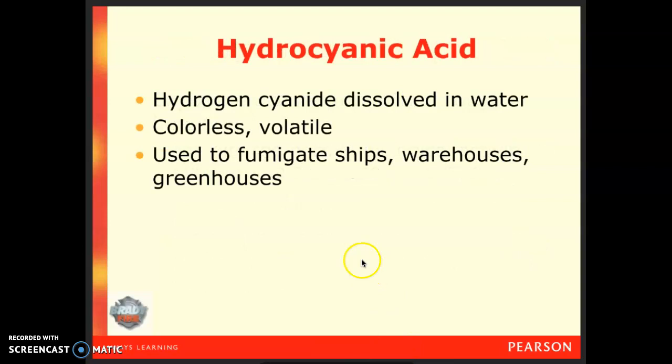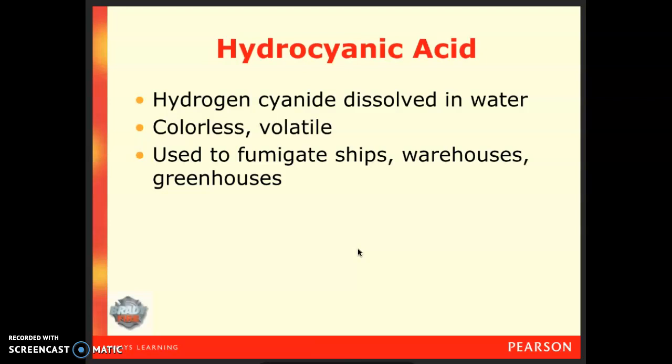Now, a derivative of this, if we find our hydrogen cyanide has been dissolved in water, then what we have is something called hydrocyanic acid. Hydrocyanic acid is a colorless substance. It is extremely volatile, so it's very easily gasified. And where we see it used primarily is for large-scale fumigation operations.